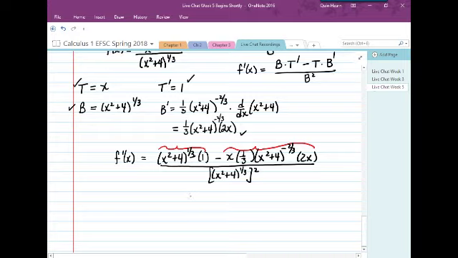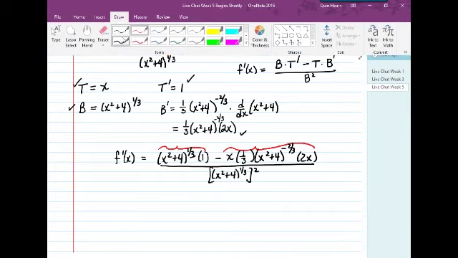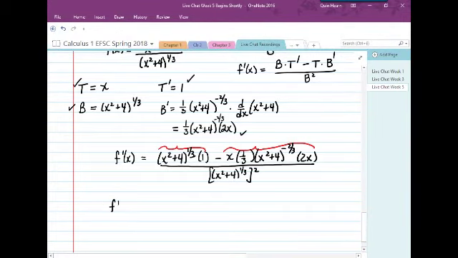And this is going to help you to simplify the expression. You also want to factor out any fractions, even if they're not in common. So let's try that. So we have f prime of x equals, okay, we have a common base, which is x squared plus 4 and x squared plus 4.